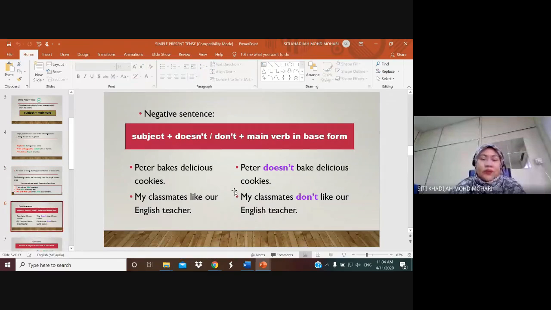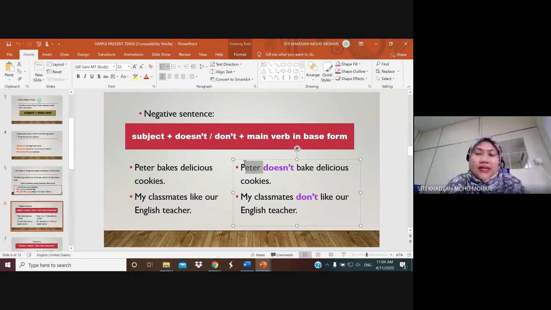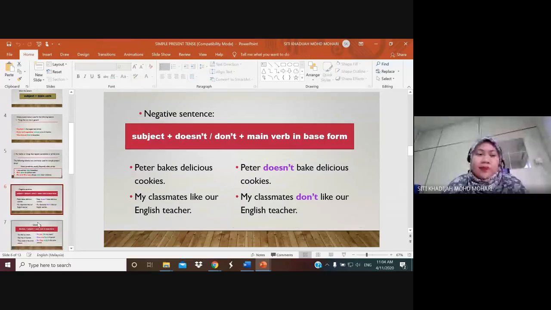This is how you put a simple present tense sentence in negative form. Peter bakes delicious cookies. If you want to make a negative statement in simple present, Peter does not, for a singular subject. If we have plural subjects, my classmates, or the chairs, or 2 cars, we use don't, do not, for negative statements.